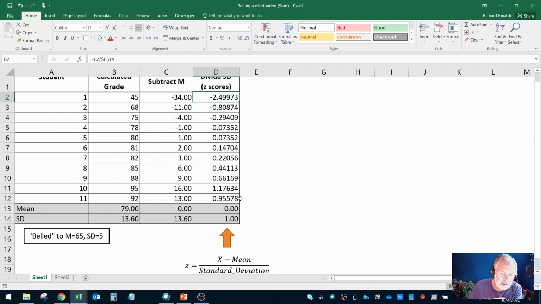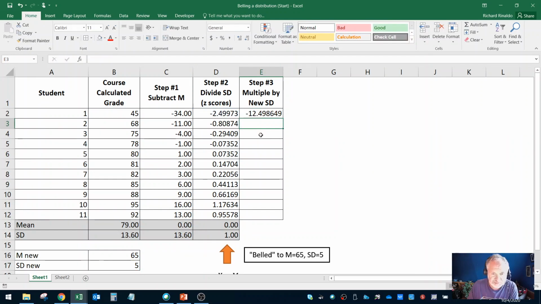So M new is 65, and SD new is 5. So now I need to take those z-scores and multiply them by the new standard deviation. I forgot my F4, put the dollar signs.